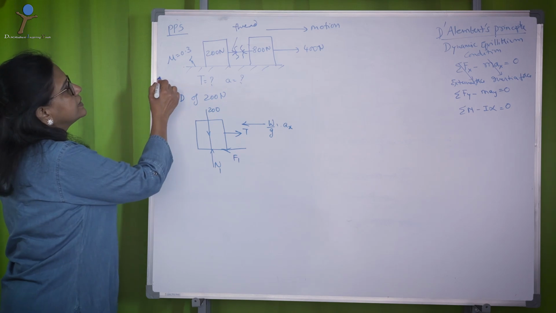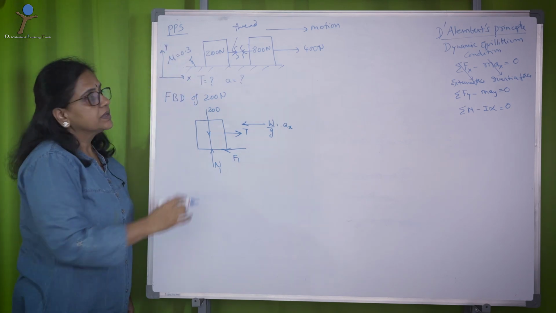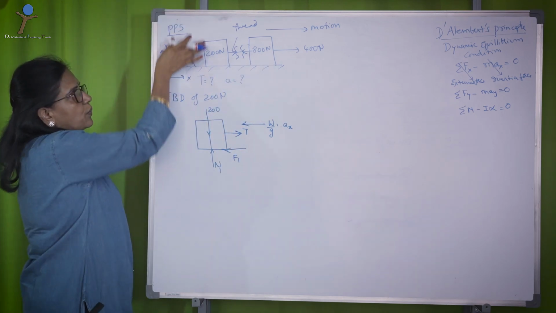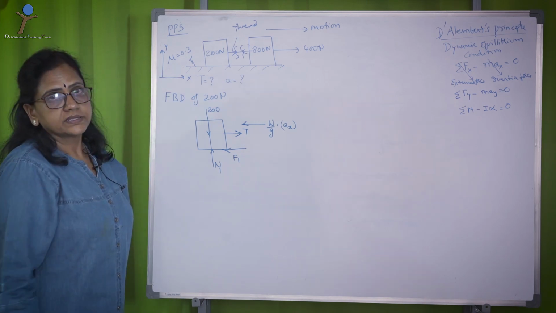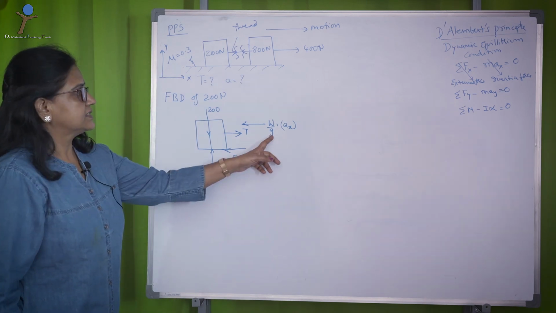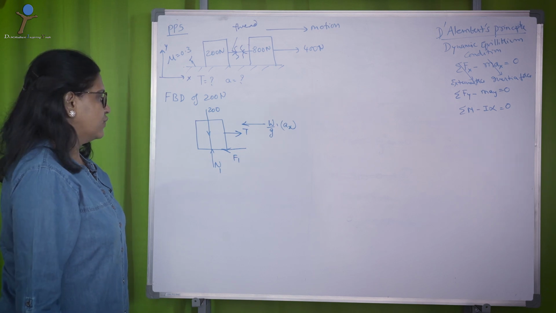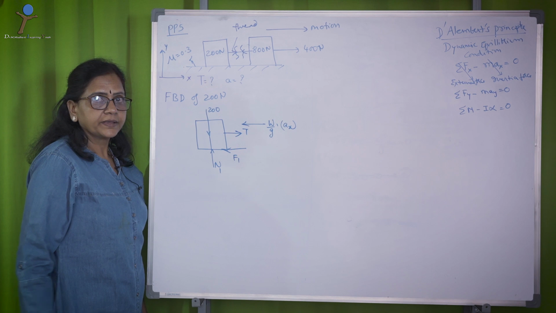If you assume that this is x direction and this is y direction, in this system the body is moving only in x direction. There is no motion in y direction. So, that is the reason we have to specifically mention a suffix x, that is mass into acceleration, which is the inertia force. Now, these are the forces that are acting on the body.